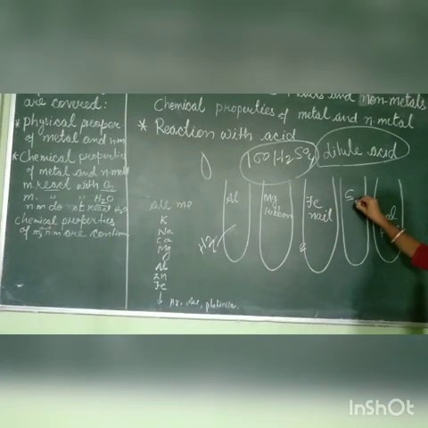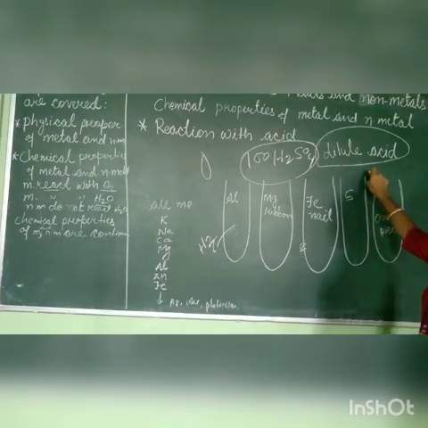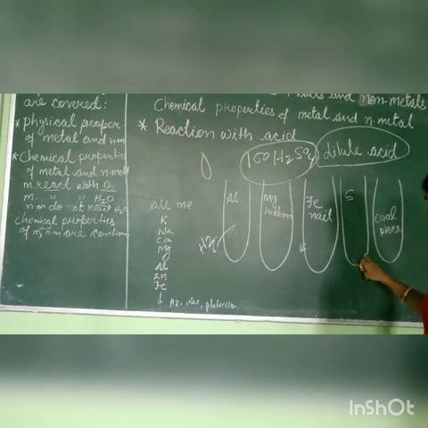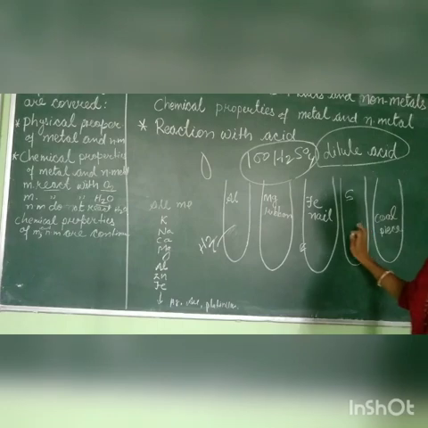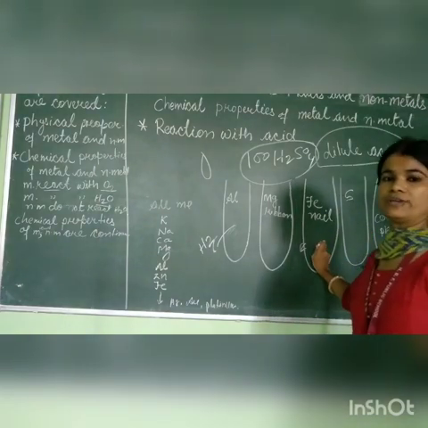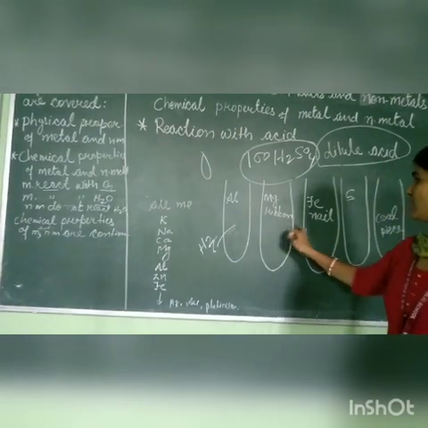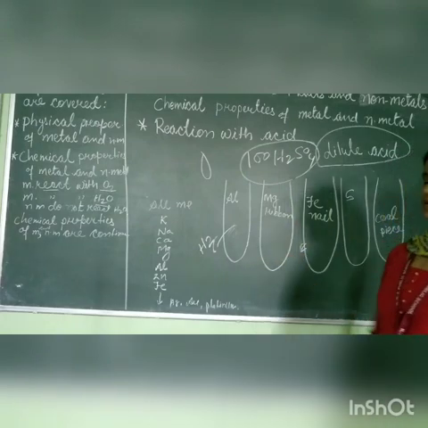And when we put the dilute acid on the sulfur, it will not react with the sulfur, and likewise the coal piece also. It means these two are non-metals, and these non-metals do not react with acid, and these three are the metals.